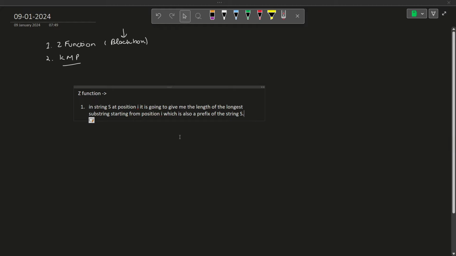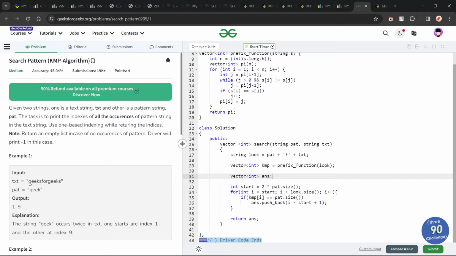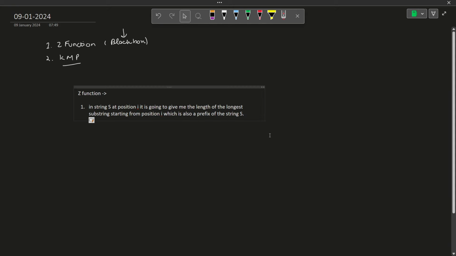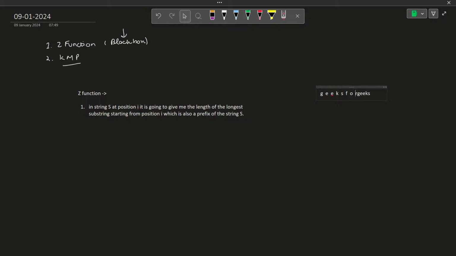Let us understand this with the help of this example. We have geeks for geeks here and we have geek here. If I write geeks for geeks, and let me put some spaces here so that it is easier to see, this is our original string, and let's say I also write geek.